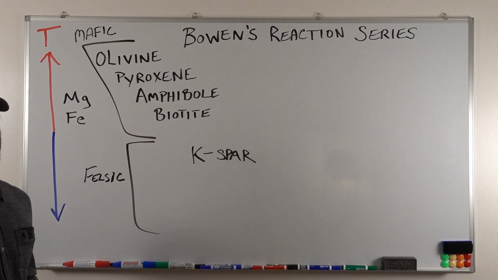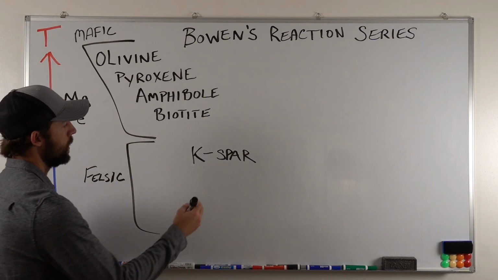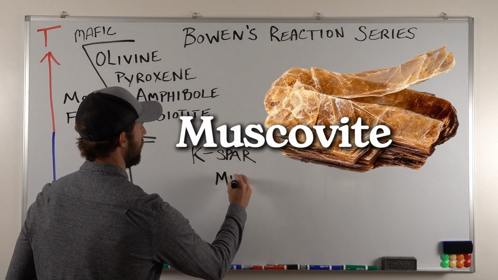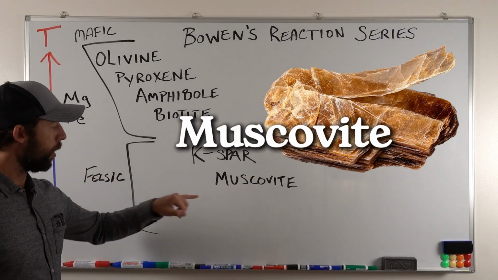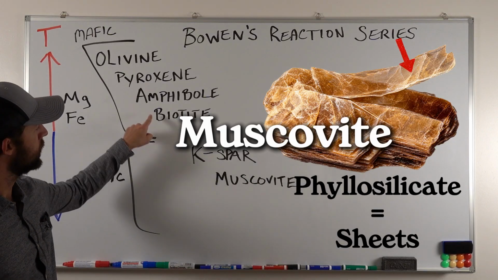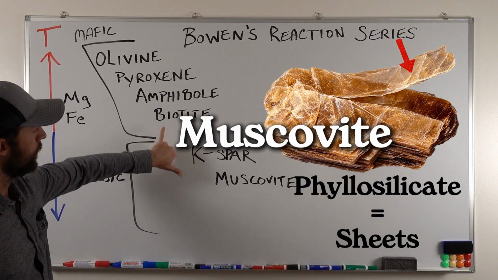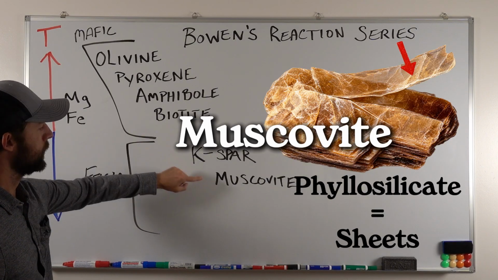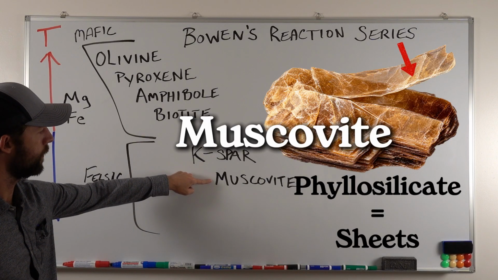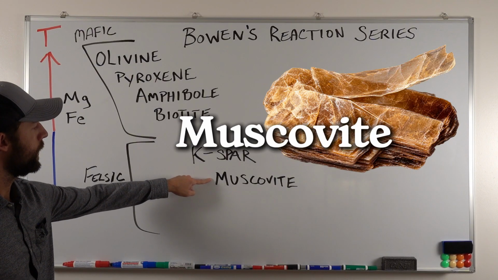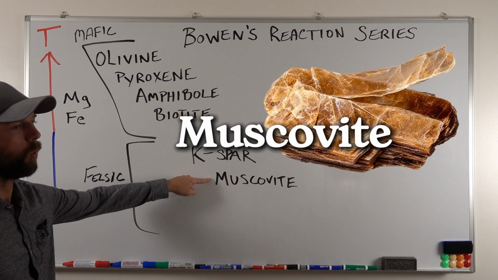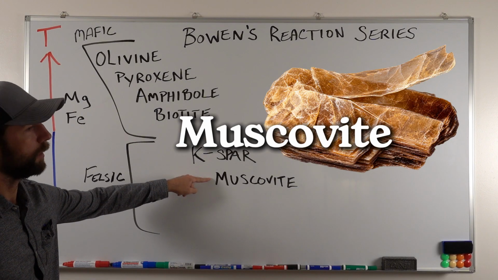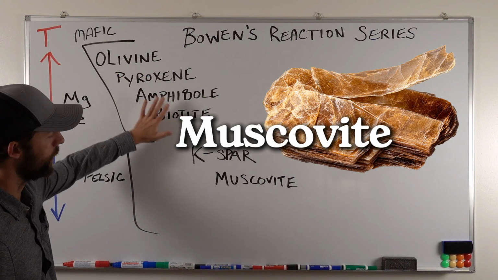Okay, after K-spar comes a mineral called muscovite. Muscovite is also a phyllosilicate mineral, just like biotite. Why don't they form one after the other, you say? It has to do with water. Muscovite needs water to form. It's a hydrous mineral, and there's not enough water in the mix until later on because it's not being used by all this other stuff.